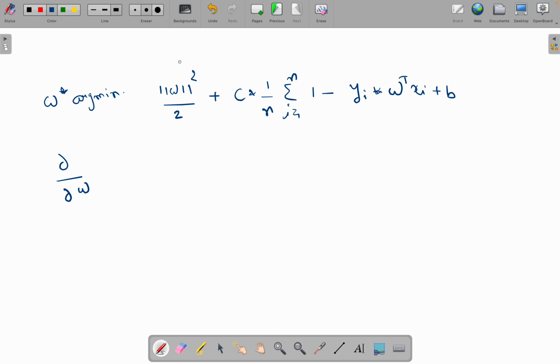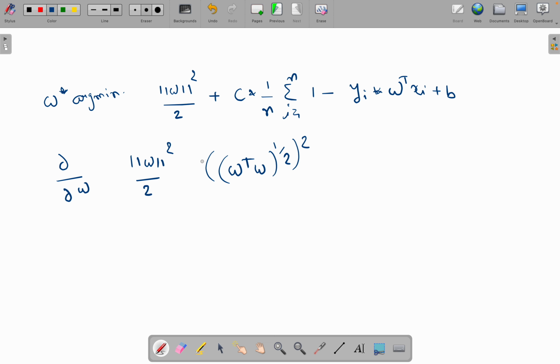Let's consider the first part of this equation only, which is the norm of W squared by 2. What is the norm of W? We can rewrite it as W transpose W raised to 1 by 2, and we are using a square of it here.